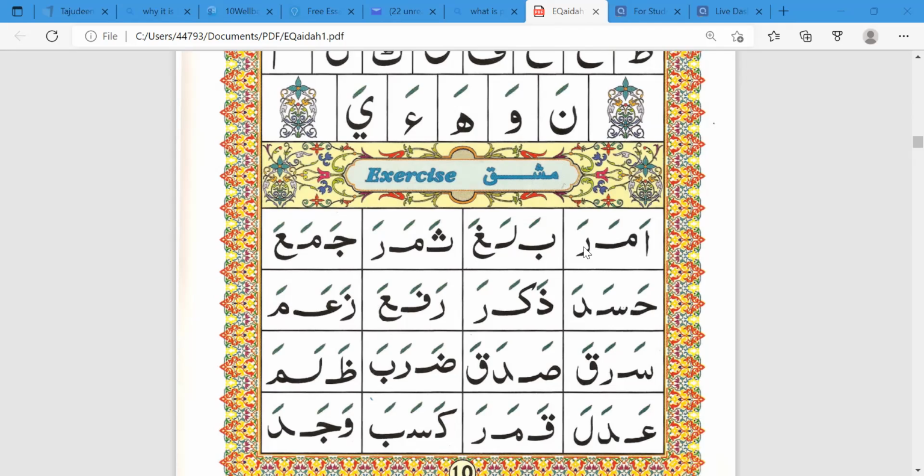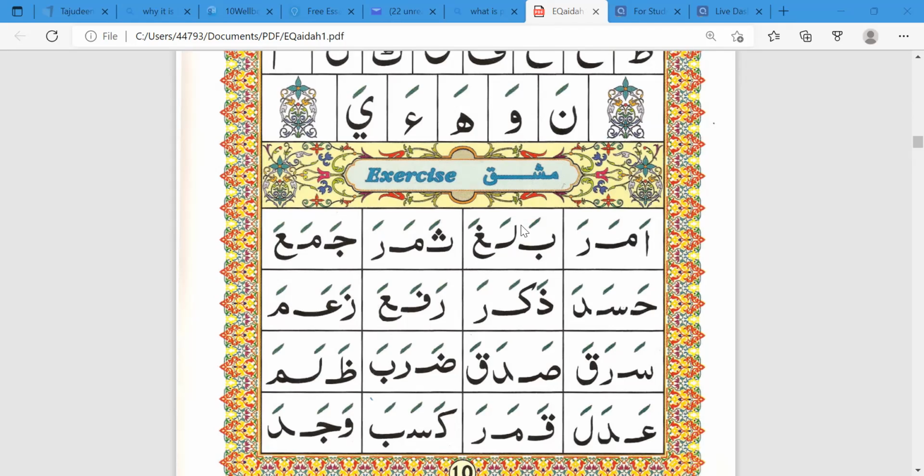But a point of correction with Ra, okay? Anytime you see the Ra with Fathah, we have to make sure our mouth is full for it. So we're going to say Ma, Ra. We are not going to say Amara.